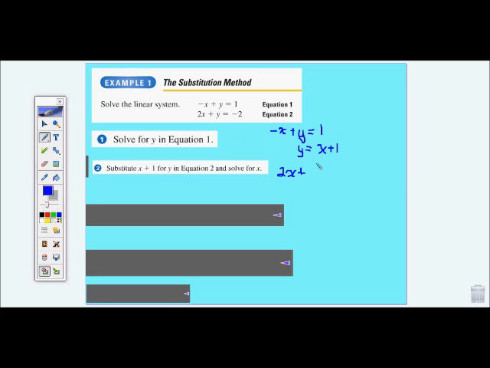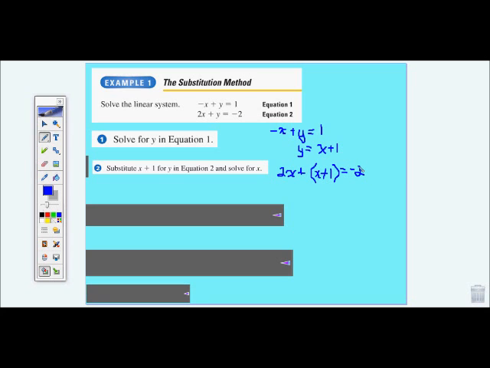This is a plus y, so I'm going to substitute in what I just solved for y. I put it in parentheses just to really overemphasize that it's the same quantity, the same solution as I had here.